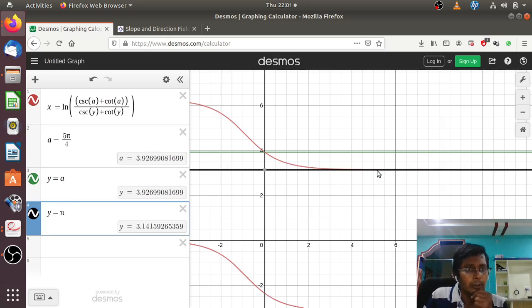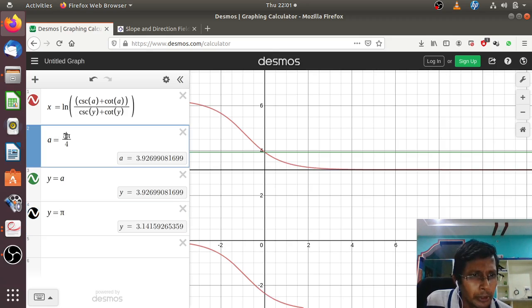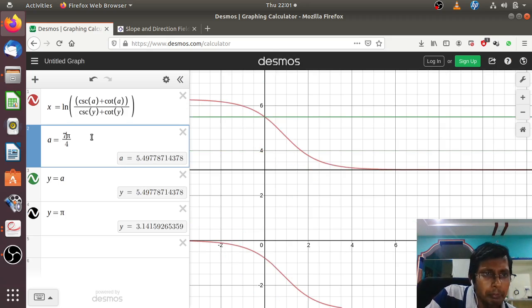It seems like if the initial condition is positive, then my solution is approaching pi. If the initial condition is negative, my solution is approaching minus pi. Can I conclude like that? Why don't I put 7 pi by 4?